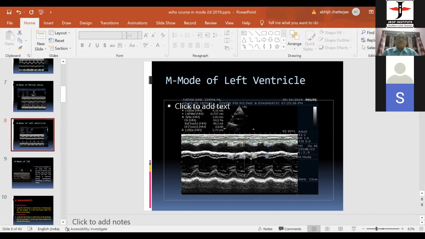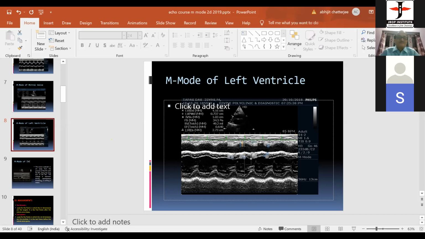So do we include that in the measurement or exclude it? Now remember, my friend, when you are taking a 2D picture of the parasternal long axis view, there should not be a big fat inferior papillary muscle. If you see the papillary muscle, then your view is wrong. You change it so that the papillary muscle disappears. Am I clear to you?